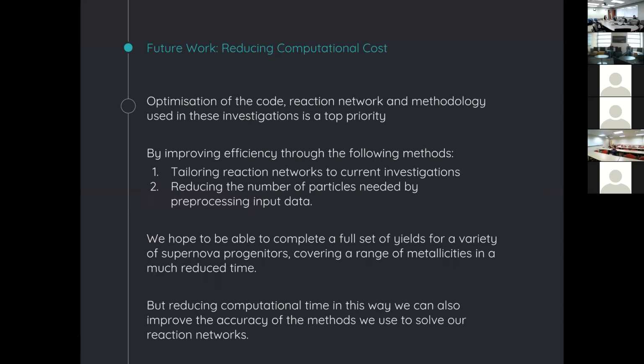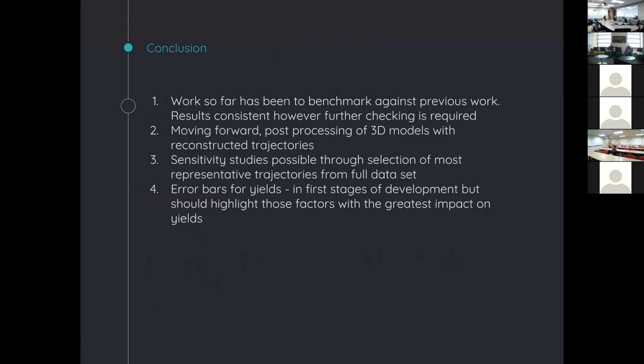I think reducing computational cost. I'm sure you're familiar with wanting to make things as efficient as possible, but I perhaps don't need to go through this. My conclusions: benchmark. The work against existing literature seems to have been fairly successful.